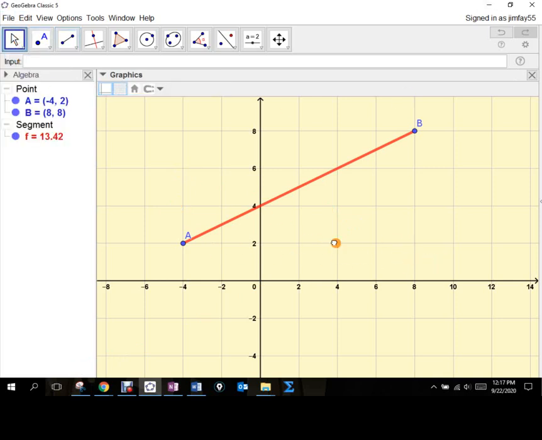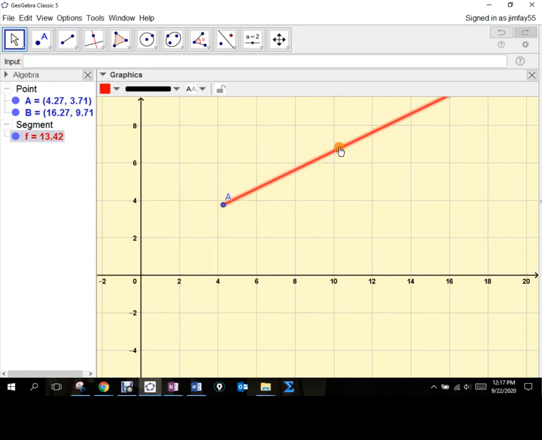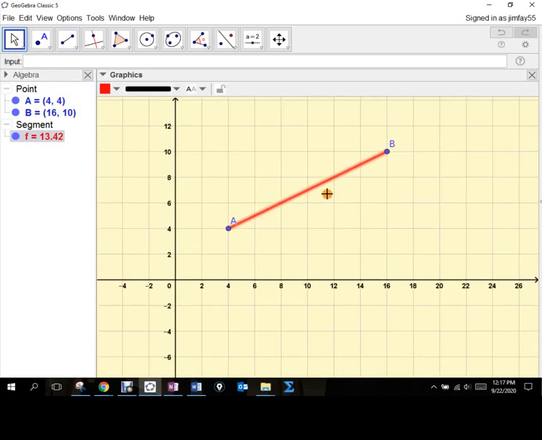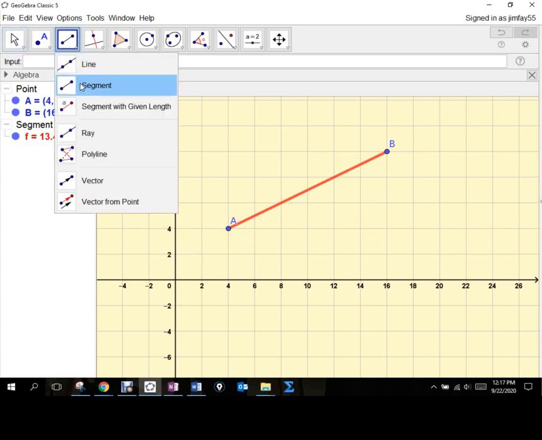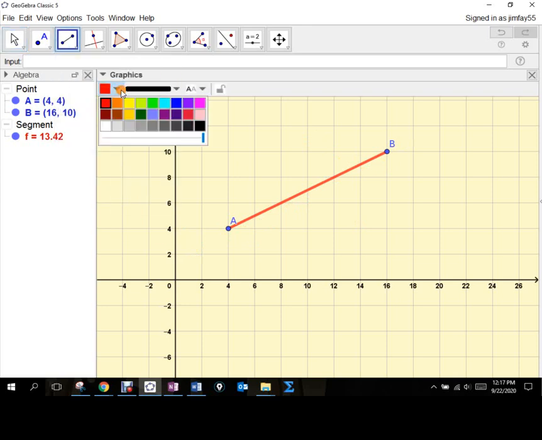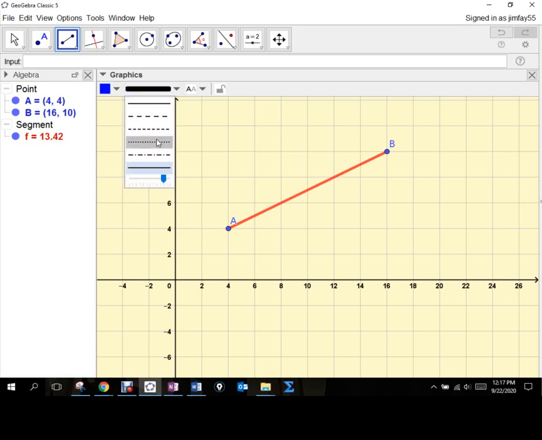But what we can do, and we'll prove this maybe in a couple weeks, okay? But I just want to walk you through the logic of this. If I want to find the midpoint of this segment, what we actually do is we break it down, because every segment you draw or construct in the coordinate plane is the hypotenuse of a right triangle.